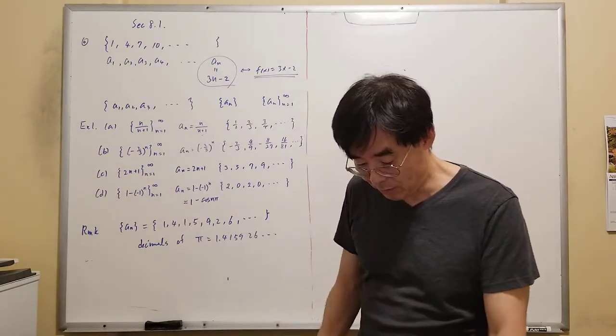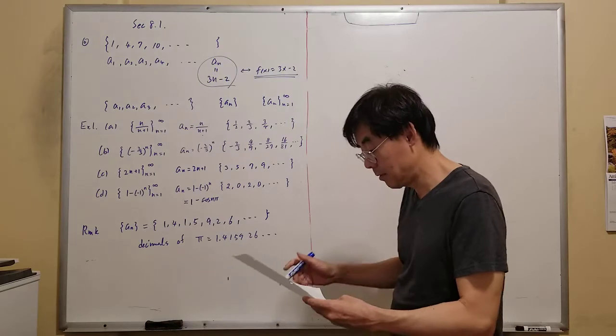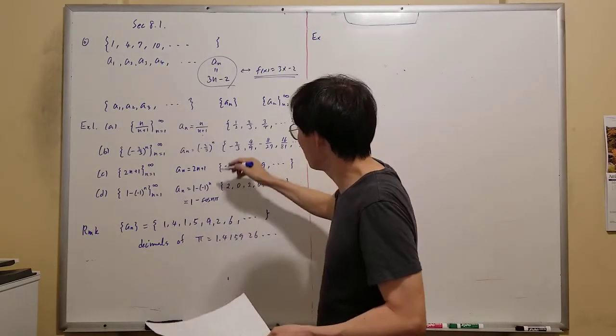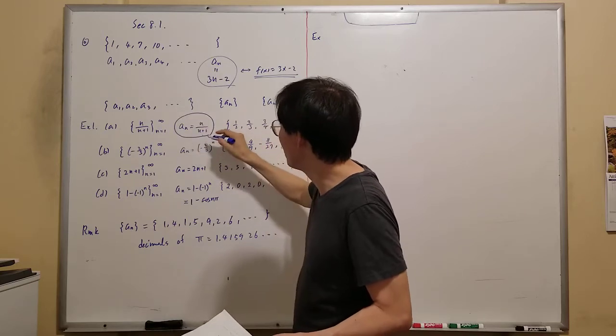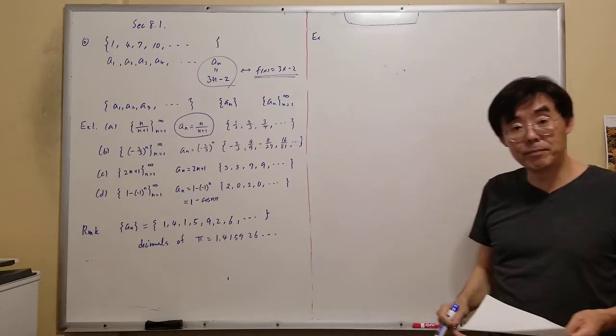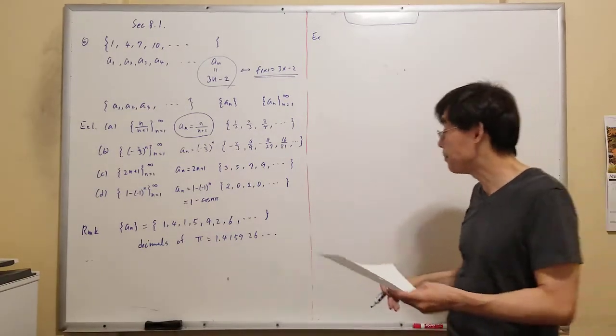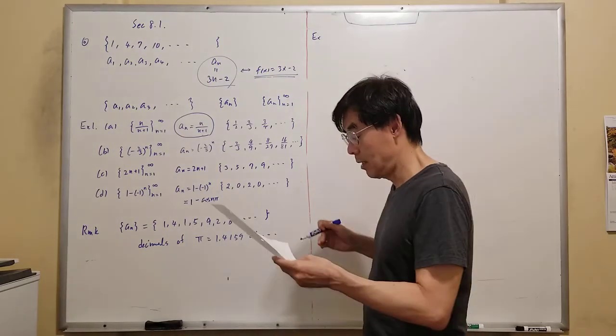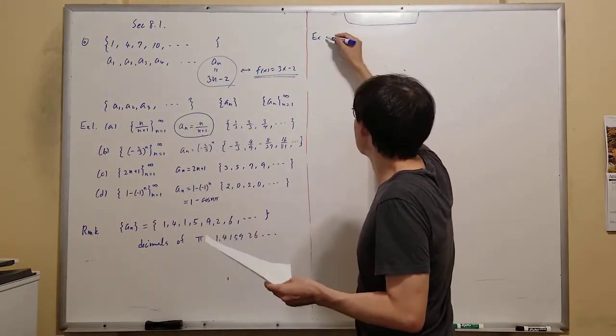You will see what recursive formula means. Actually, the next thing. So this is what we call explicit form or functional form, just like a function formula, right? Instead of a of n. There are other ways to describe a sequence, also very important ones.